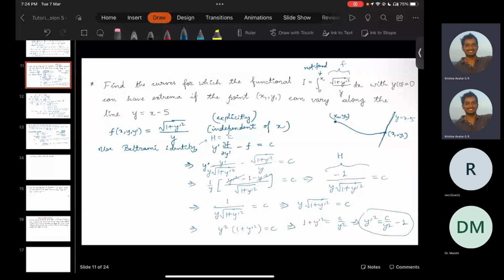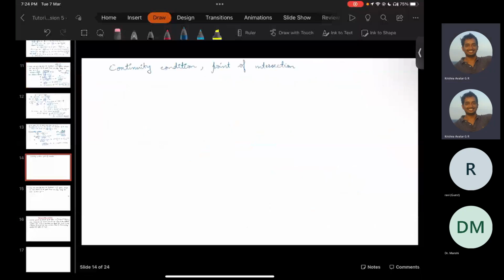So what I mean to say is x1, y1 of the extremal should be the same as x gamma, y gamma at x1. The point on the line should be the same as the end point of the extremal.